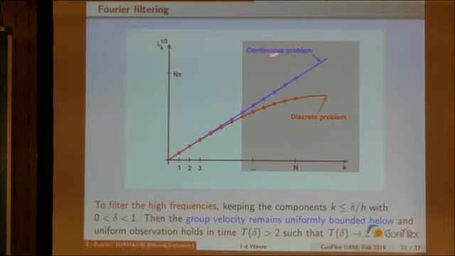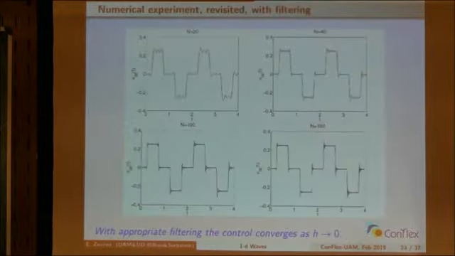I have established a Fourier filter in which all the high frequency components have been removed. And by doing this, I do the numerical simulation, and of course, despite some oscillations due to the discontinuities of the control, this is typical, this is the Gibbs phenomena, I get a good numerical convergence of the numerics.